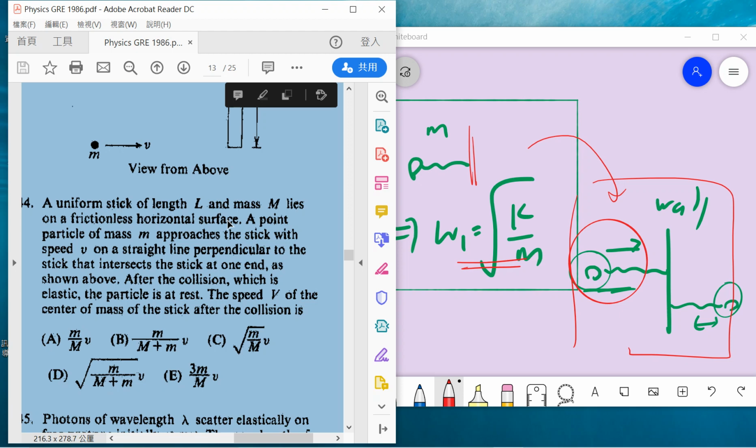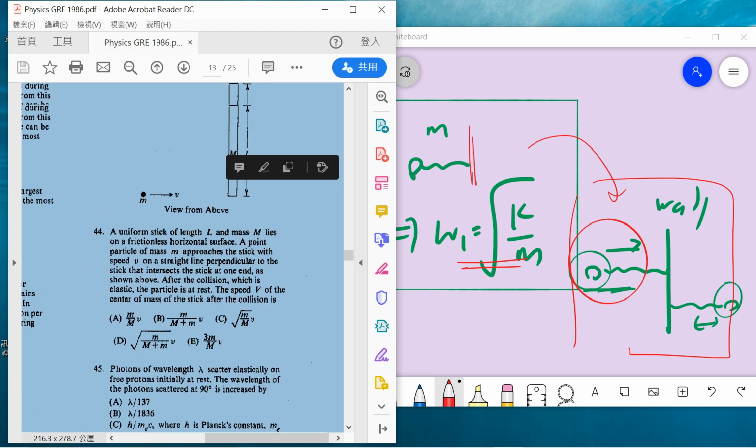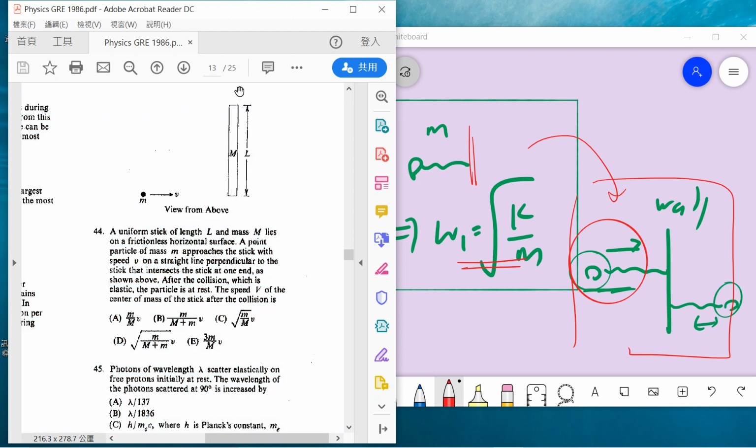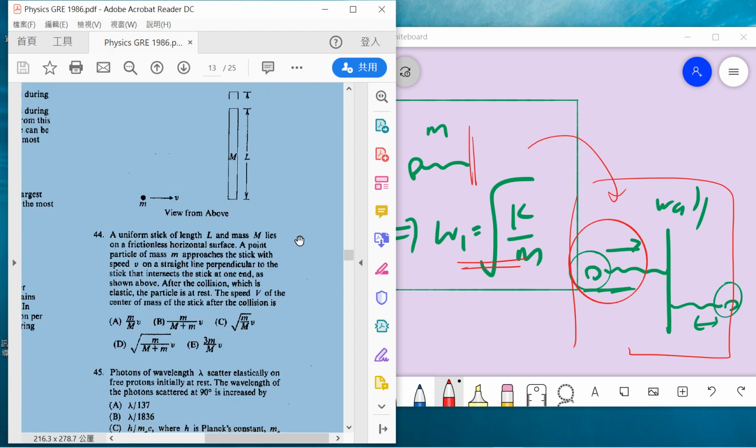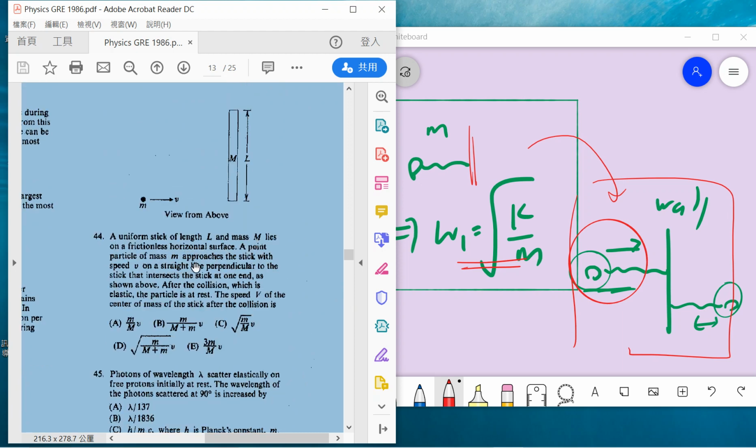Okay, so question 44. Say there's a mass M with velocity V that hits the stick, and it asks about the speed V of the center of mass of the stick after collision.